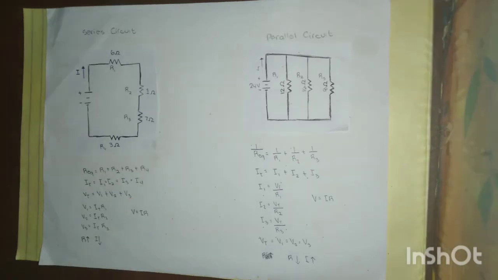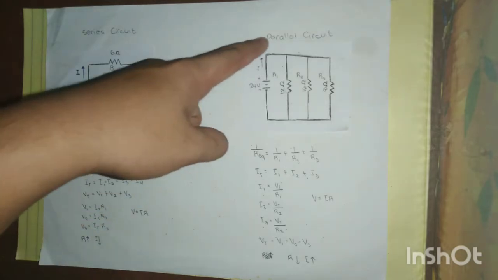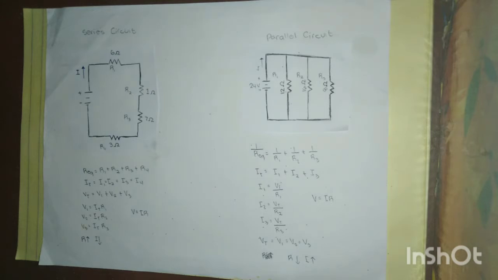In a series circuit, if we add a resistor, its resistance will rise and its current will go down, while in a parallel circuit, it is inversely proportional to the series circuit, wherein if we add a resistor, the resistance will be lowered and its current will rise.